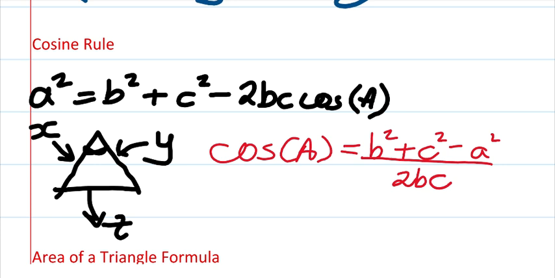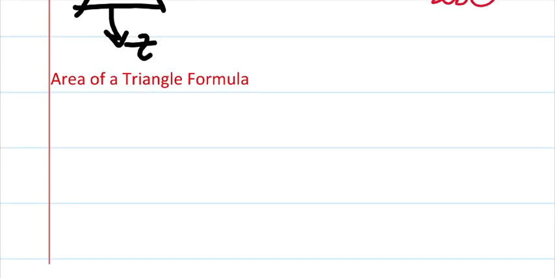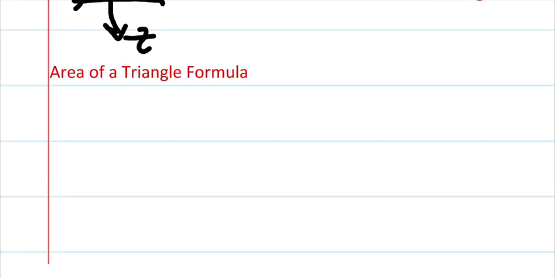The final key formula to note is the area of a triangle formula. We're all used to using area of a triangle as a half base times height, but this special formula uses trigonometry when you know two sides and the included angle for any triangle.